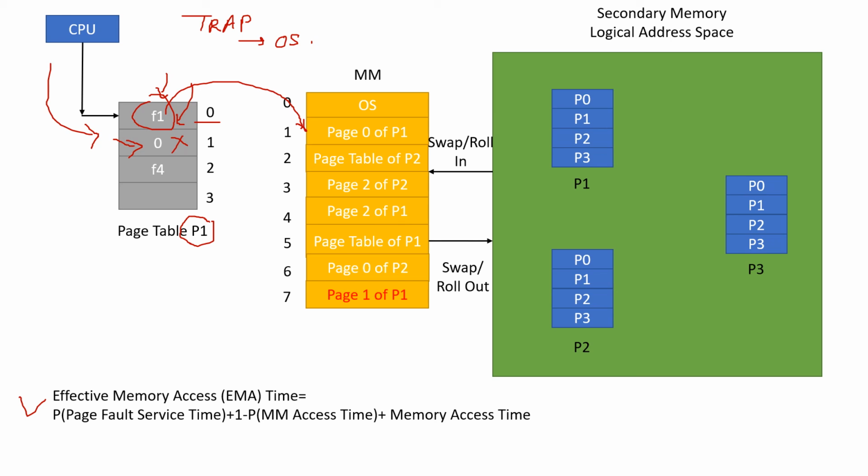Then the operating system, after authentication, will go to the secondary memory to fetch that particular page, here page number 1 for process 1, and bring it into the main memory. At the same time, it has to update the frame in the page table. So here instead of 0, you can write frame number 7.